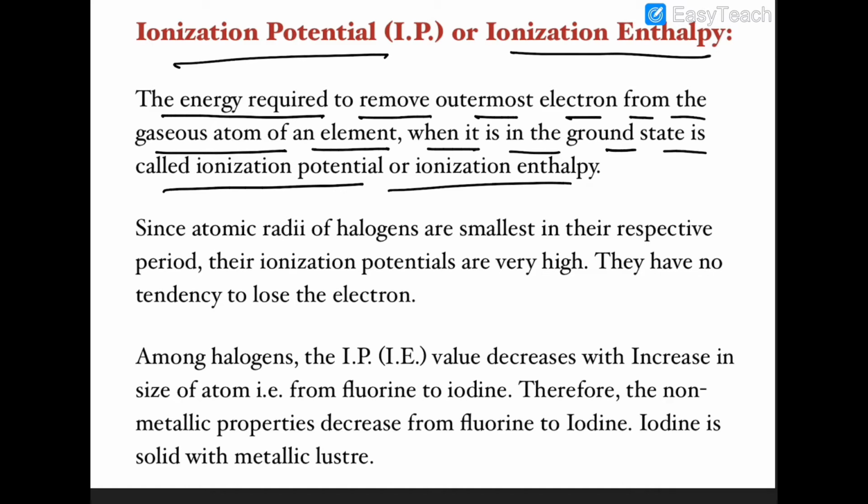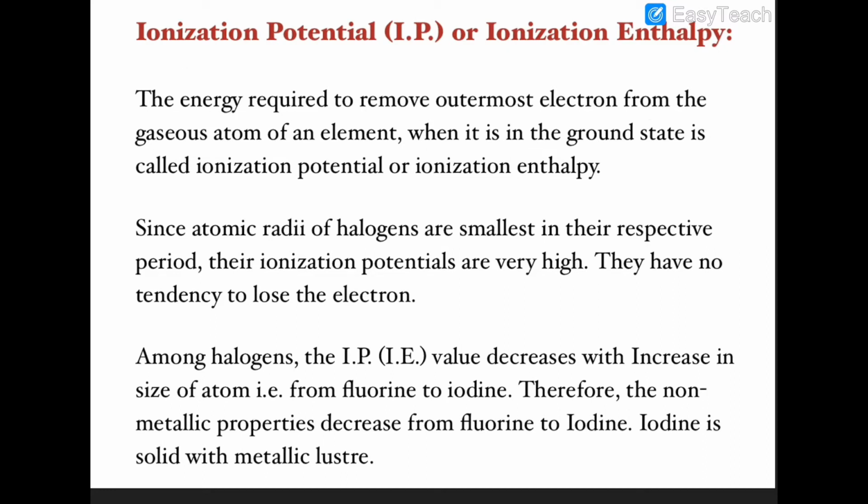If you move left to right in the first period, lithium is the first element, then beryllium, boron, carbon, nitrogen, oxygen, and then fluorine. Similarly, in the third period, it is first sodium, then magnesium, aluminium, silicon, phosphorus, sulfur, and then chlorine.